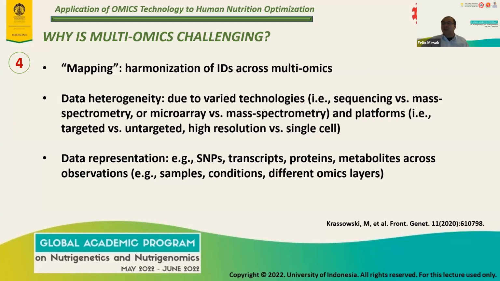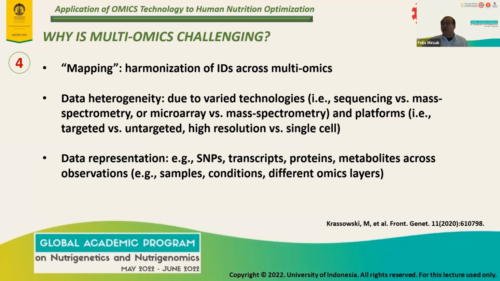And of course, data representations by means of dimensionality reduction that intend to project relationships of features such as SNPs, single nucleotide polymorphisms, transcripts, proteins, metabolites across observations. Observation meaning samples, conditions, different omics layers in a reduced space. So it's common practice a priori in multi-omics efforts.